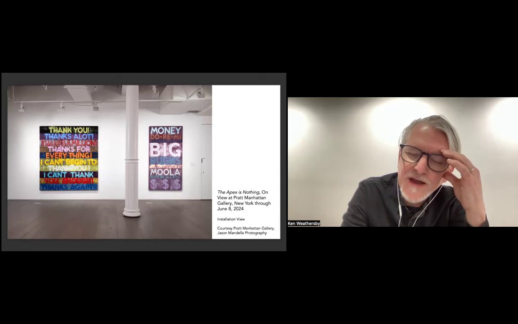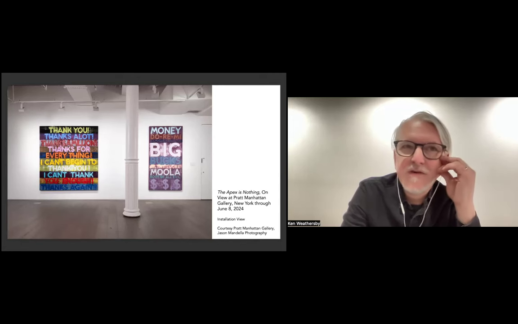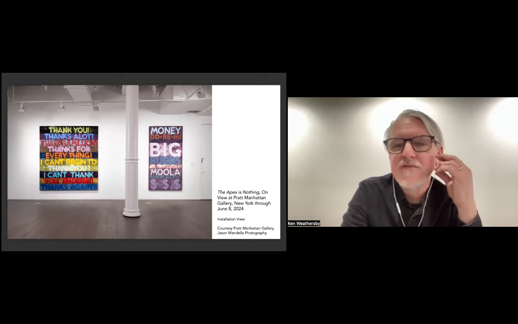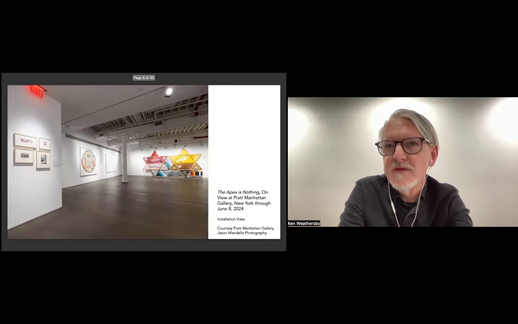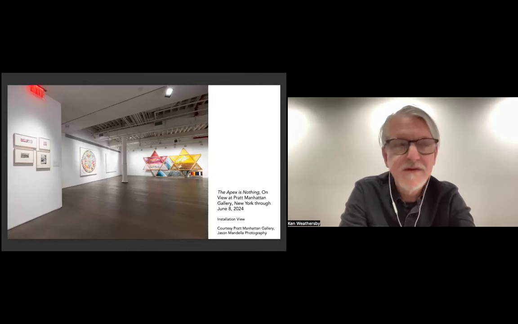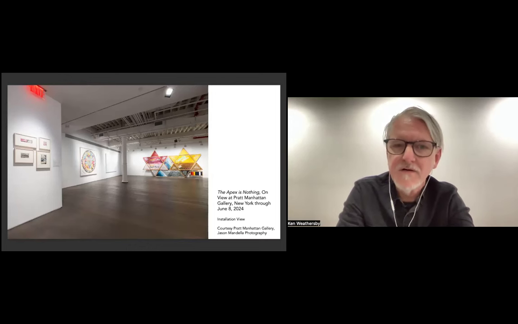There's a desire to understand the symmetries, the relationships, and then there's, as you referred to, the intensity of the way he builds the thing. There's the facture of the paint, the thick paint, the dazzling color.